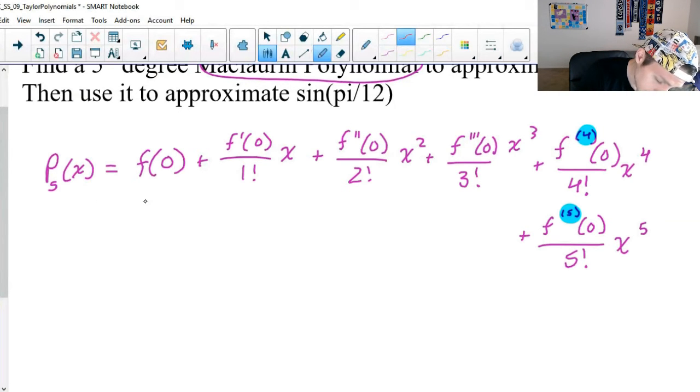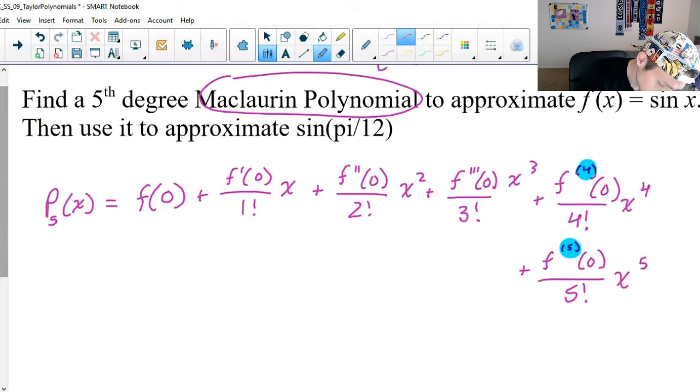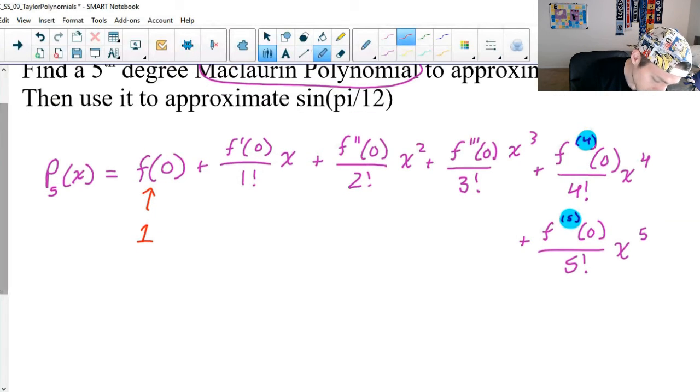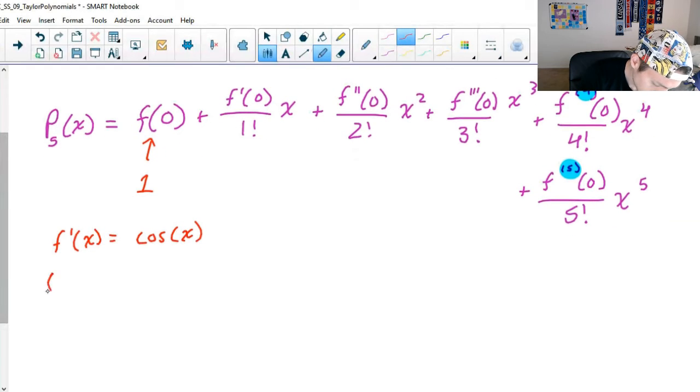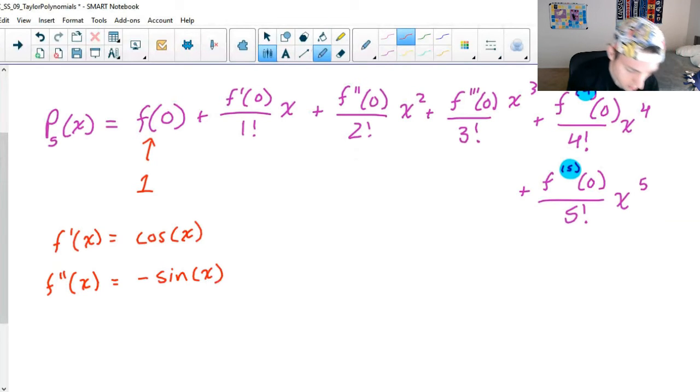Well, firstly, f of 0. Sine of 0 I know is 0. So I have that off the bat. Great. Now f prime of x, the derivative of sine, is cosine. F double prime, the derivative of cosine, is negative sine.